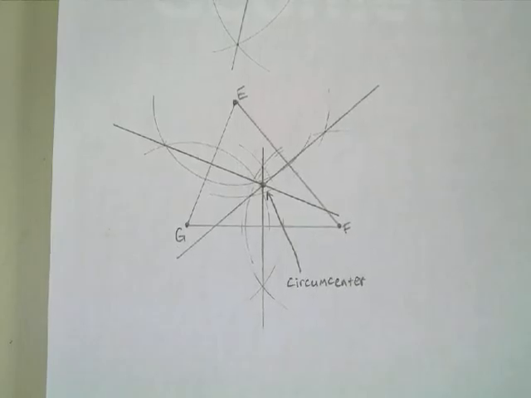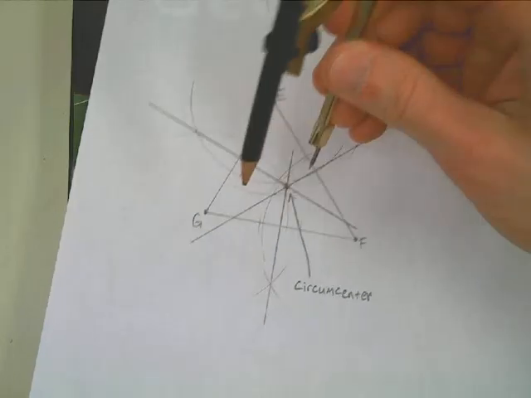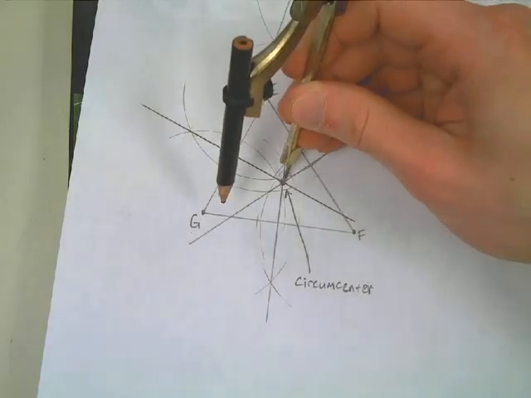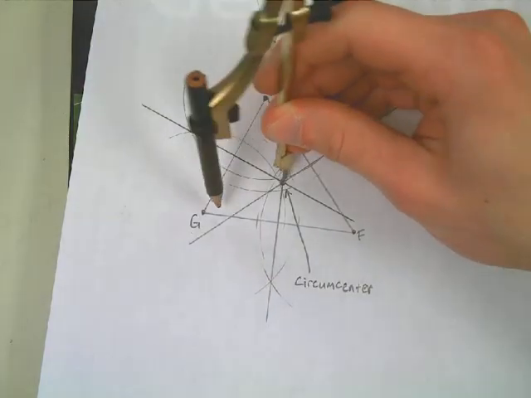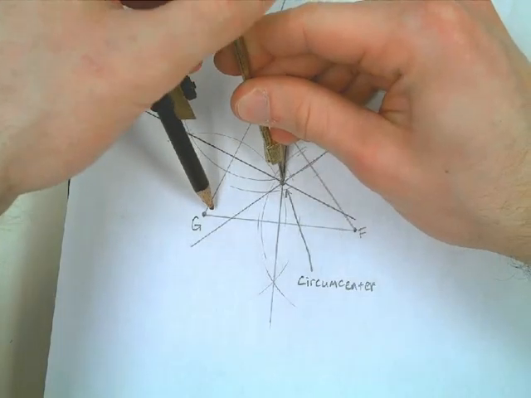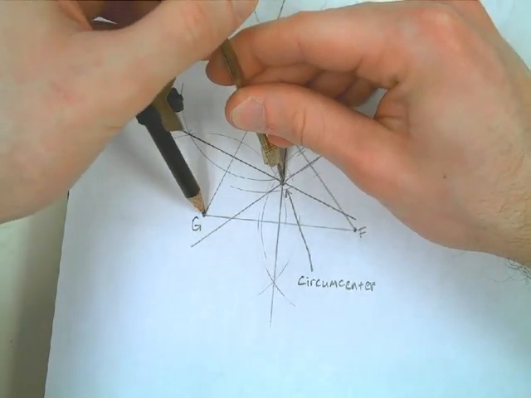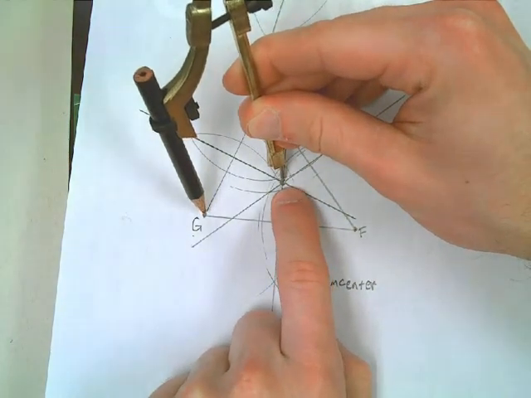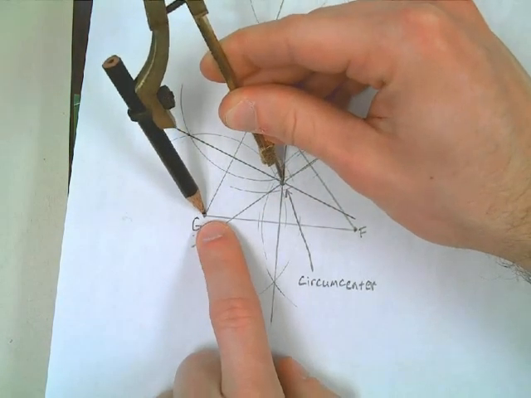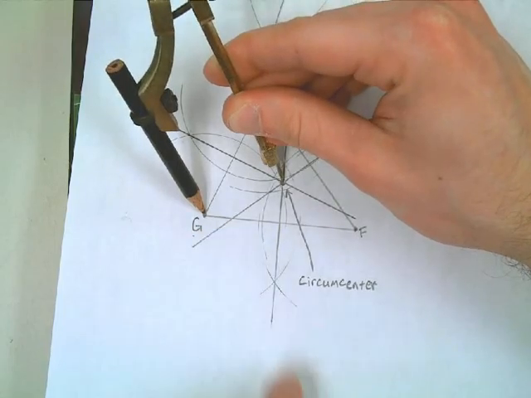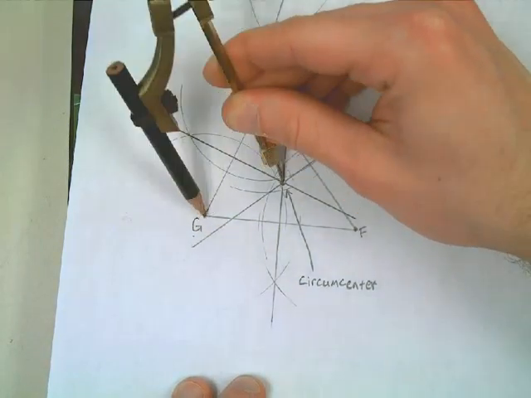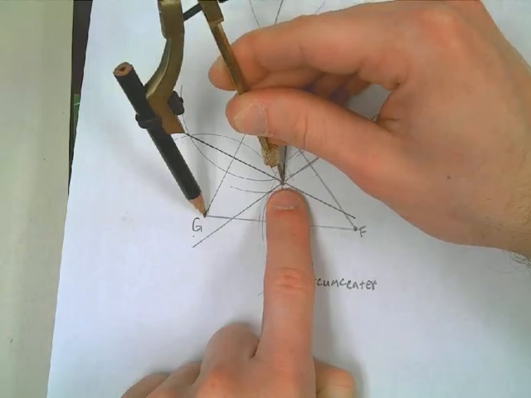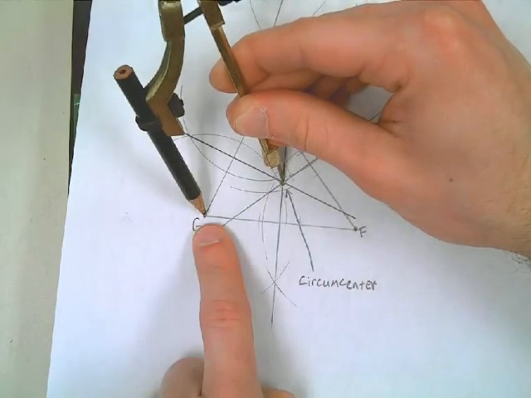Well, because if you accurately draw your circumcenter, if you take your compass here and place the point of your compass in the center of the circumcenter, and then you adjust your compass, open it up so that it touches one of your vertices of your triangle. So for example here, I'm putting my compass point on the circumcenter, and I adjusted my compass so that it goes right through point G. Alright, so again, point of the compass at the circumcenter, open your compass up to G, and watch what happens here.